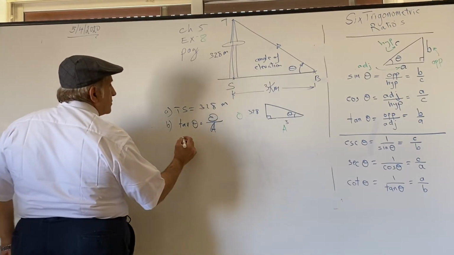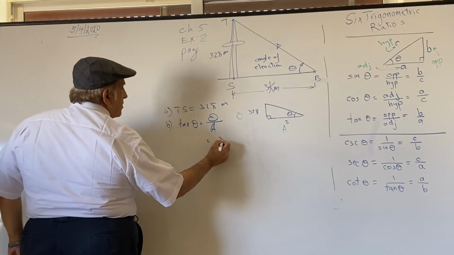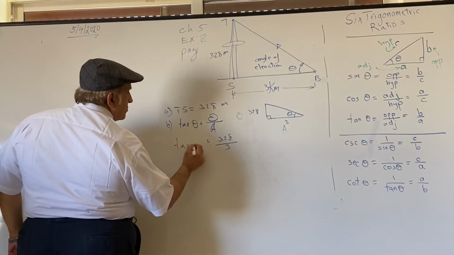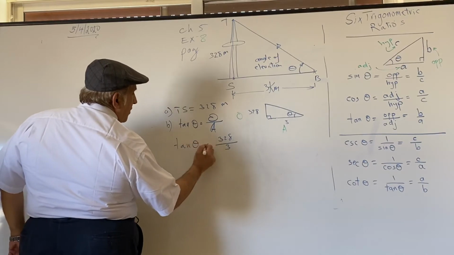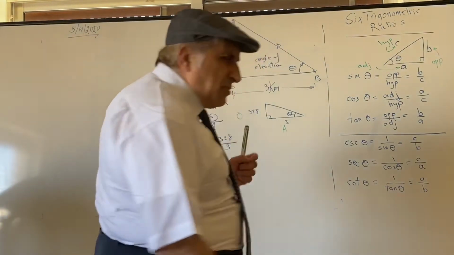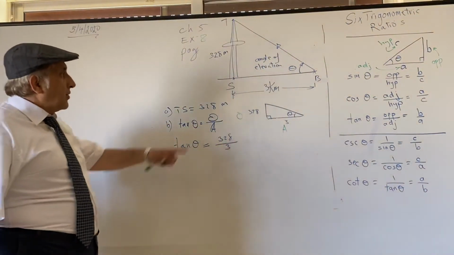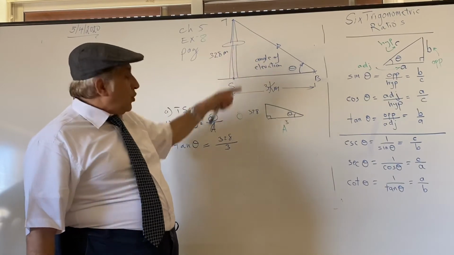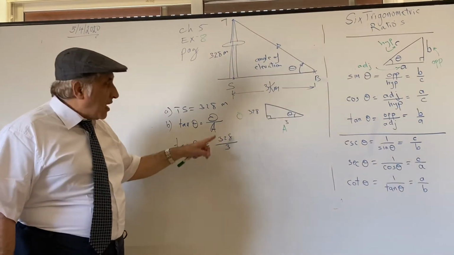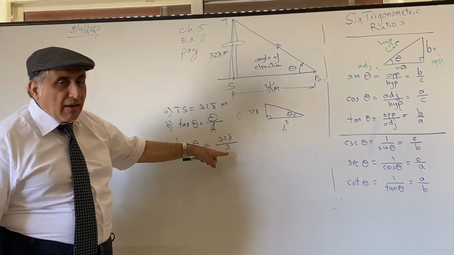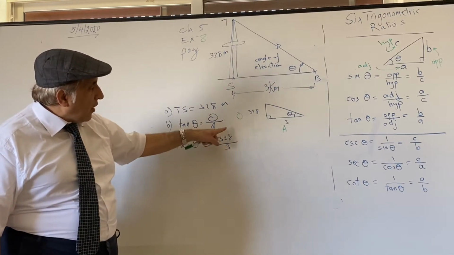And since the opposite is 328 over 3, oh my God, I'm applying the rule perfectly. I'm perfect, man. Oh my God, there's a little trick. This is kilometers, this is meters. Are these units correct? Are they compatible? No. Either I keep this in kilometers and convert that one, or I convert this one.